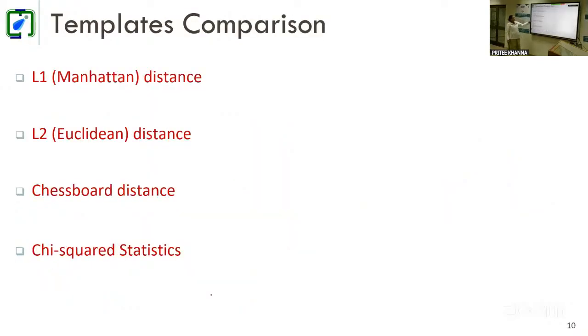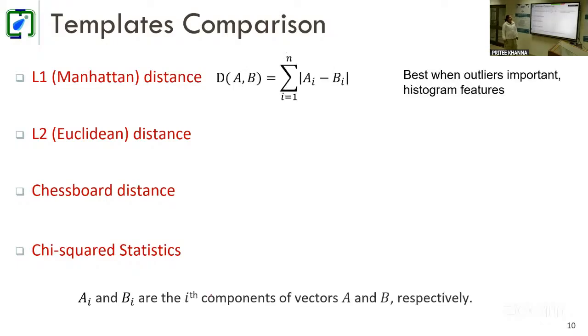Now there are so many distance functions available for comparison. First of all, there is the L1 distance, called Manhattan distance. What is this distance? Simply take the difference between the two. In n dimensions, take the first dimension, second dimension, third dimension, like that.